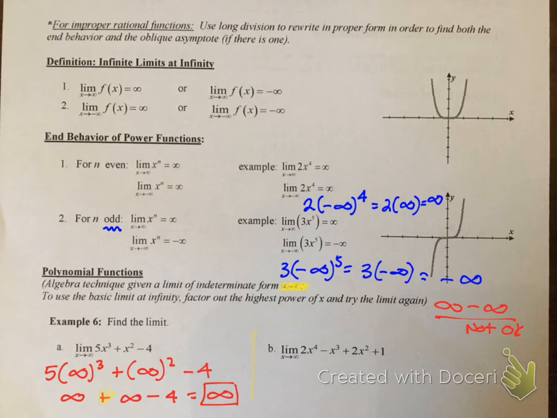All right, so the highest power of x in this is x to the 4th. So if I factor out x to the 4th, remember when you factor out, you're dividing each one by x to the 4th.